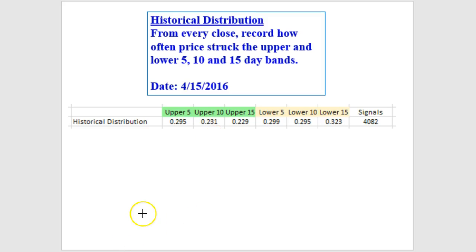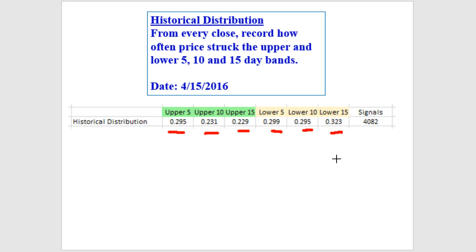Historically, from January 2000 through the 15th of April this year, it would go up and hit the upper 5-day band 29.5% of the time, the upper 10-day band 23.1%, and 22.9% for the 15-day, and then the lower bands almost 30% and a little over 32%.